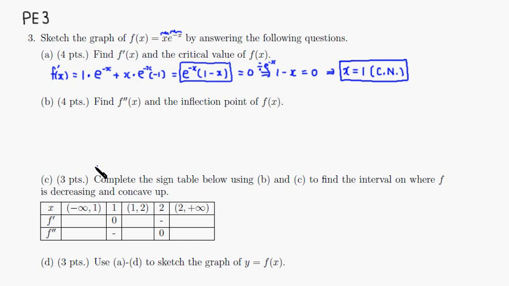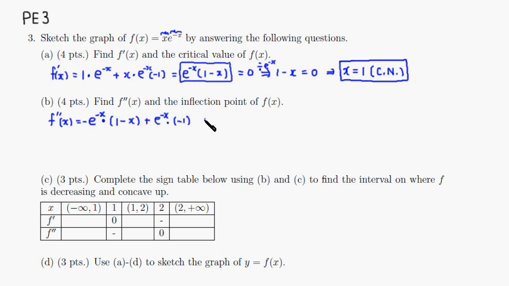Then part B. It says to find the second derivative, so we can simply take another derivative. f double prime of x is equal to: the derivative of the first guy, e to the negative x times negative 1, so I'm going to put a negative sign in front, times the second guy, the quantity 1 minus x, plus the first guy, e to the negative x, times the derivative of 1 minus x, which is negative 1.